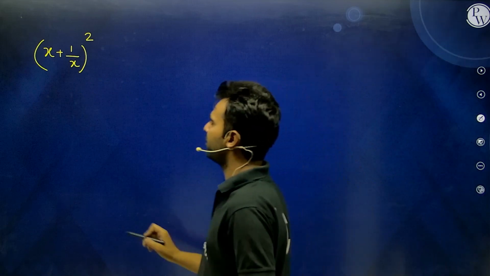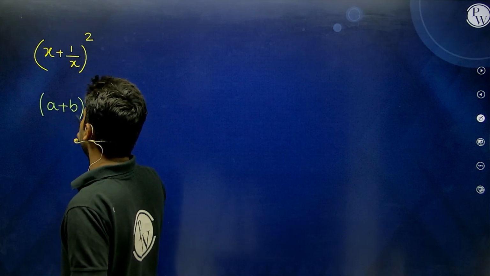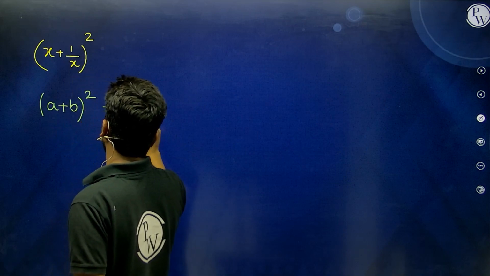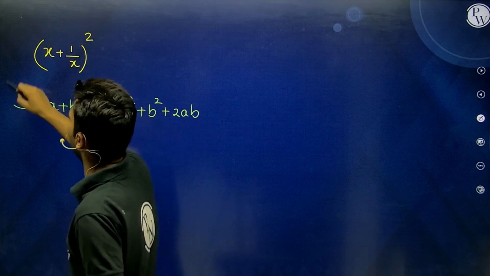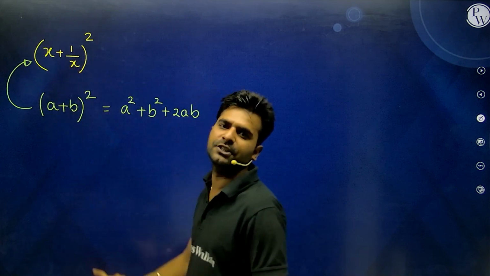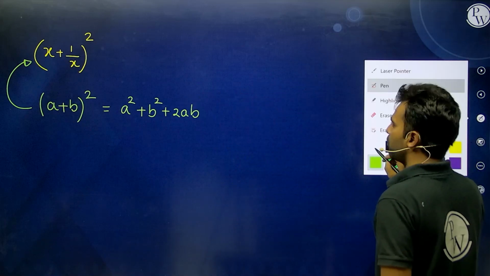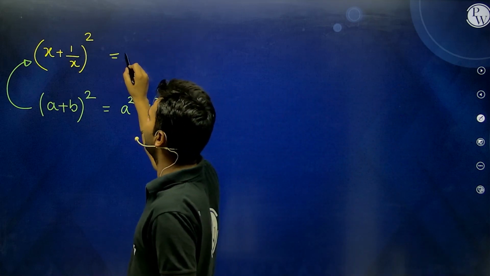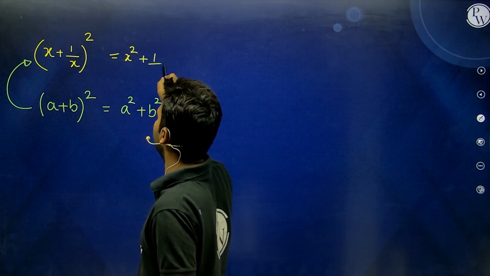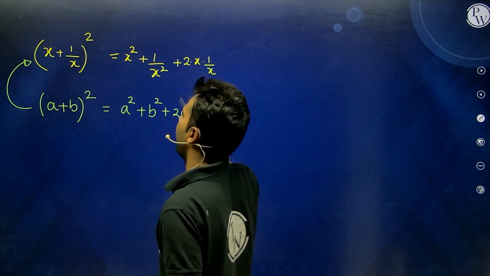We know that (a plus b) whole square is equal to a square plus b square plus 2ab. If we apply it here, in place of a, x is written, and in place of b, 1 by x is written. So the moment we apply this identity, we get x square plus 1 by x square plus 2 times x times 1 by x. Yes or no?